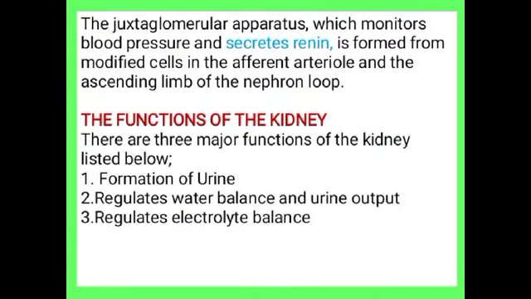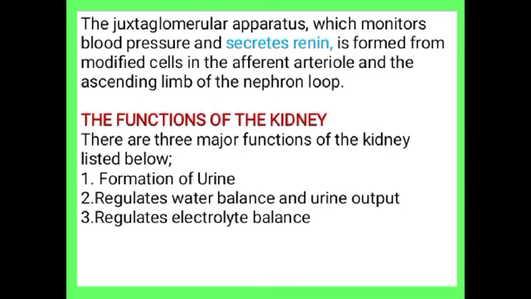So now we're saying that the juxtaglomerular apparatus, which monitors blood pressure and secretes renin, is formed from modified cells of the afferent arteriole and the ascending limb of the nephron loop. This is just one of the functions of the kidney that we talked about, that it maintains blood pressure by the secretion of renin.